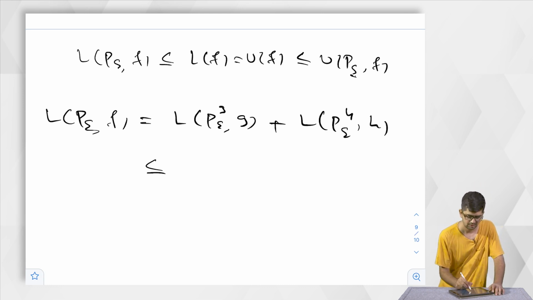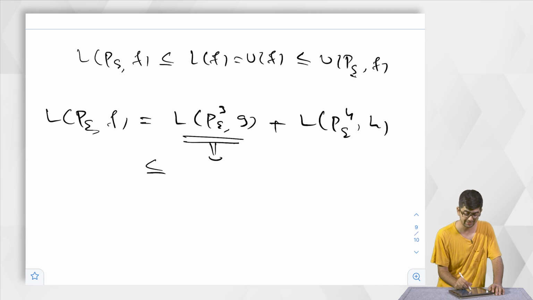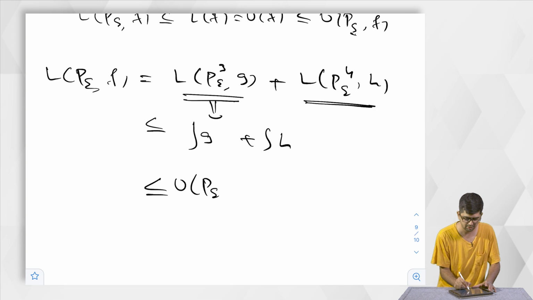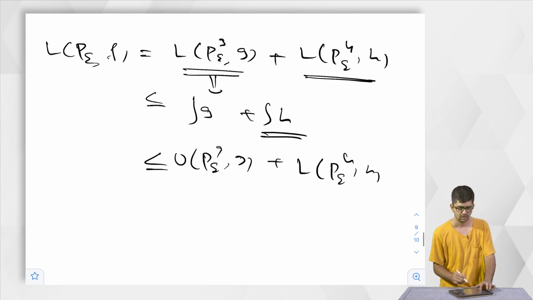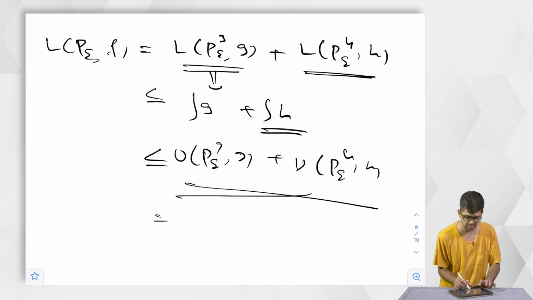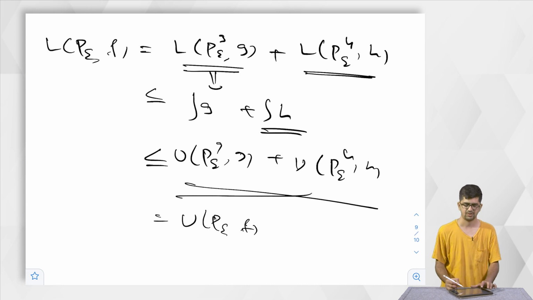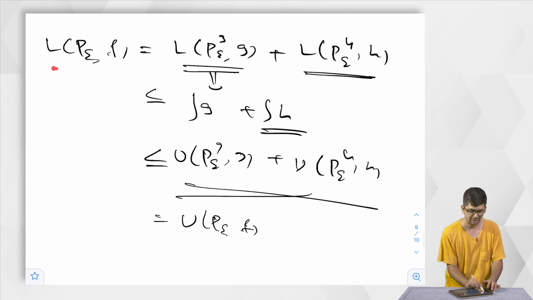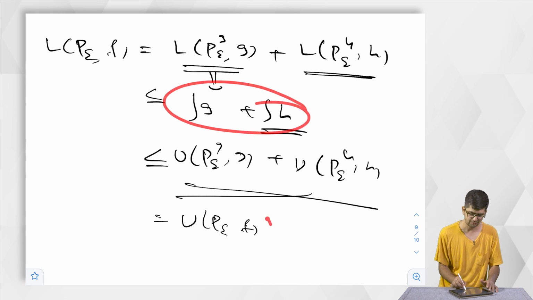This is less than or equal to the integral of g plus the integral of h, which is less than or equal to U(P_epsilon,g) plus U(P_epsilon,h), and this sum is just U(P_epsilon,f). So L(P_epsilon,f) is less than or equal to something less than or equal to U(P_epsilon,f).